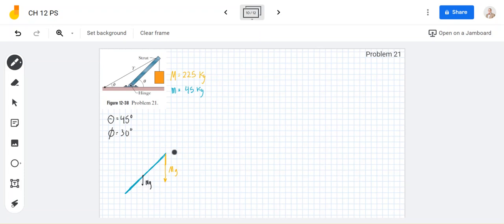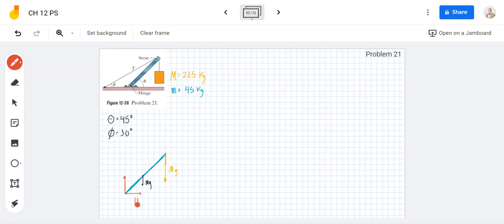Little mg. We know that there's a hinge down here. The hinge has to push up at least, and this strut is pulling it to the left, so I think the hinge is probably pushing it to the right.